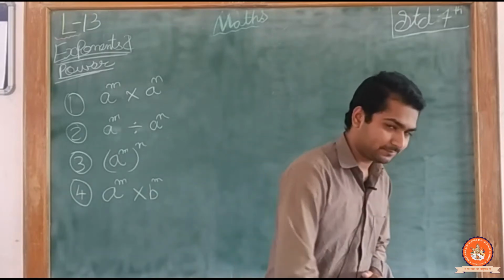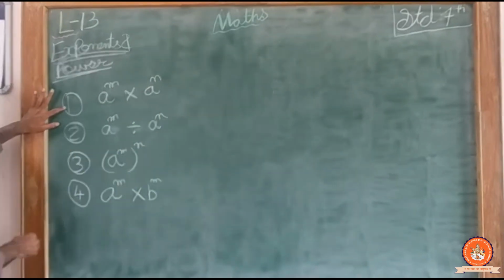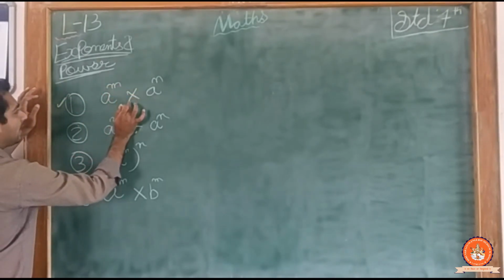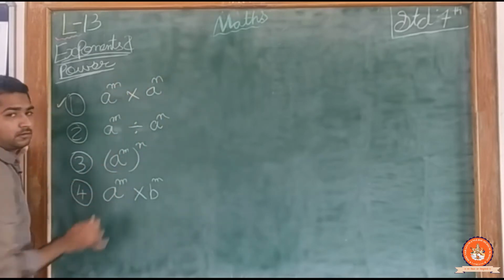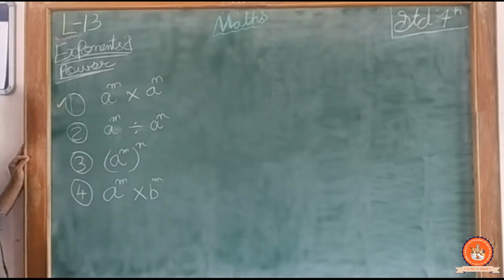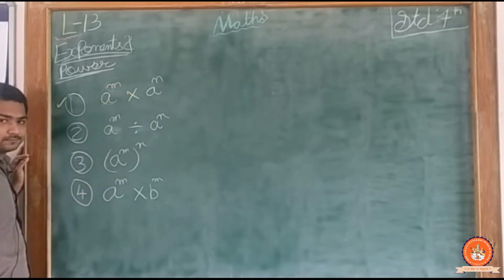So let's start. The first formula is a raised to m multiplied by a raised to n. Clear? Now here a is our base, raised to m, this is our exponent, or you can say power.